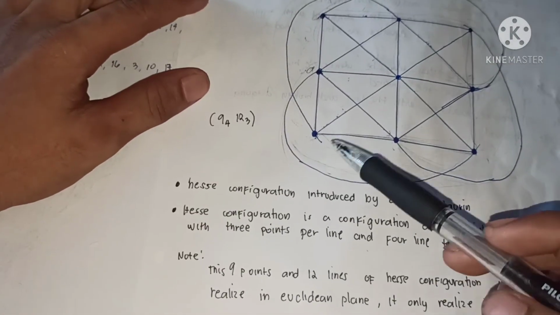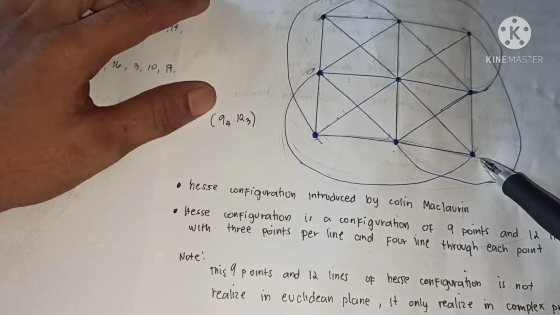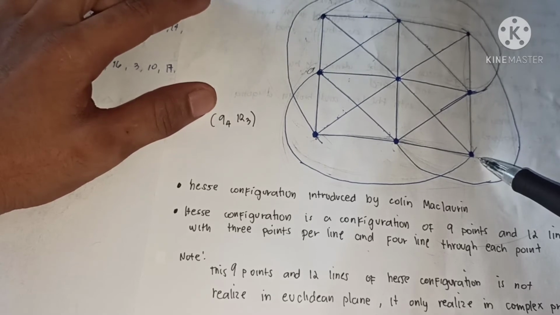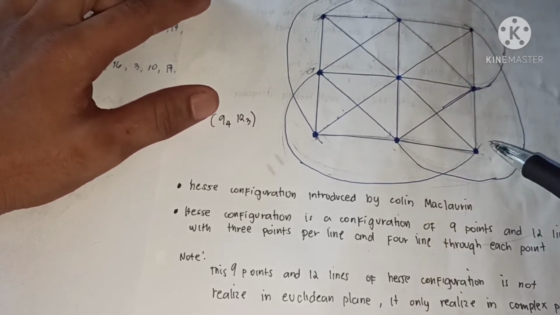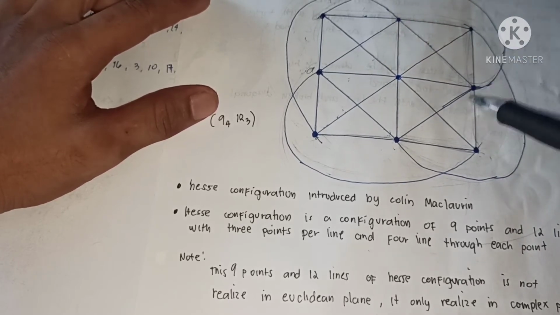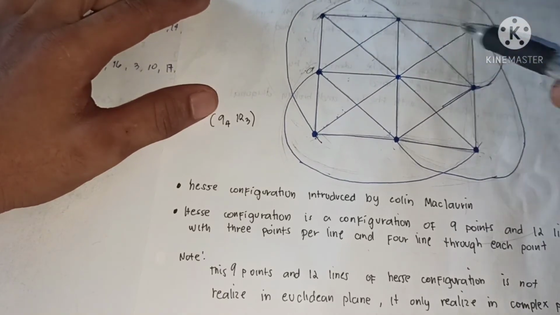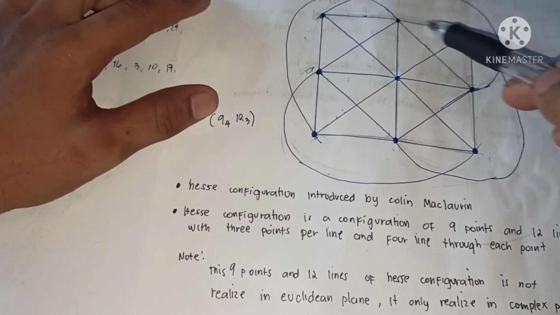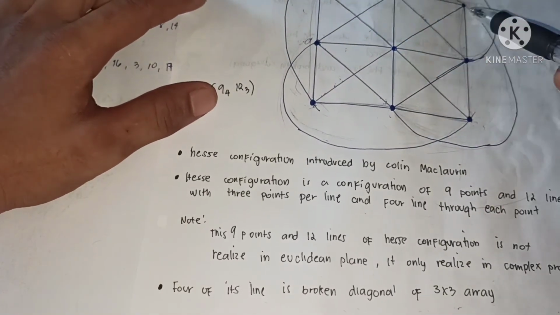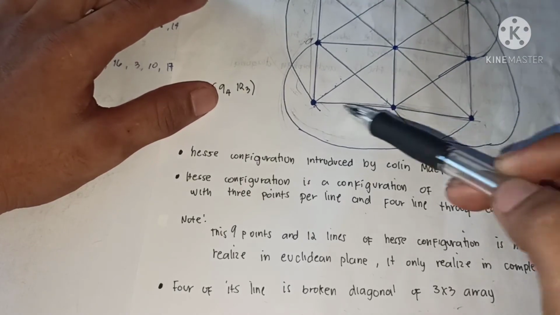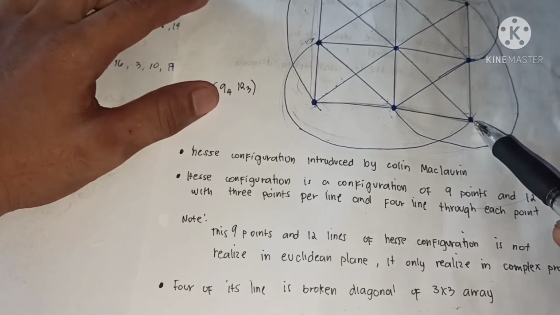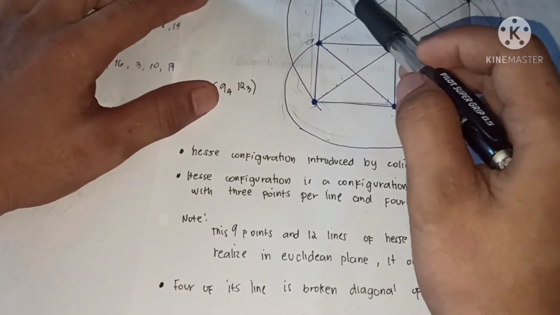From this line and this point, there is 1 line that is parallel to this line.